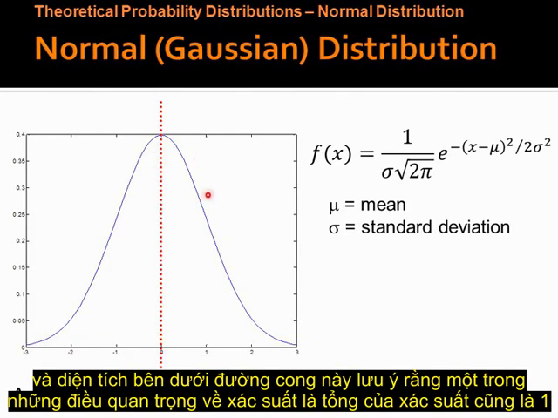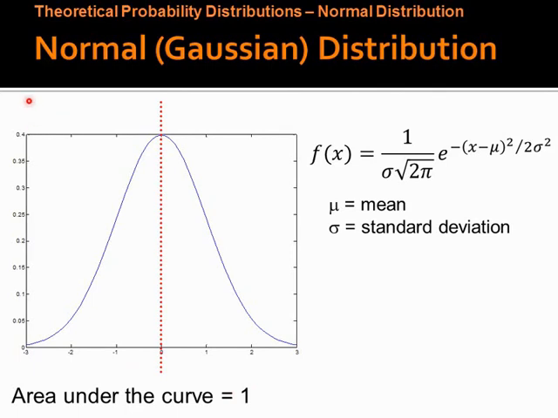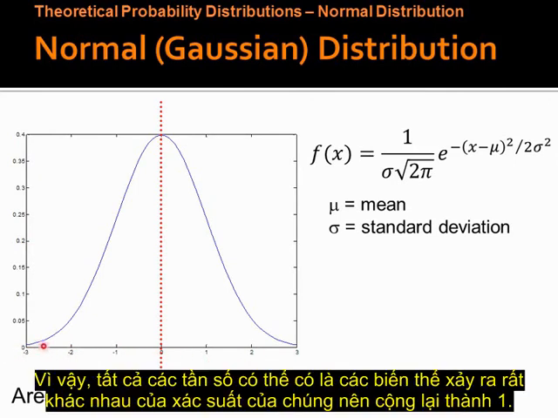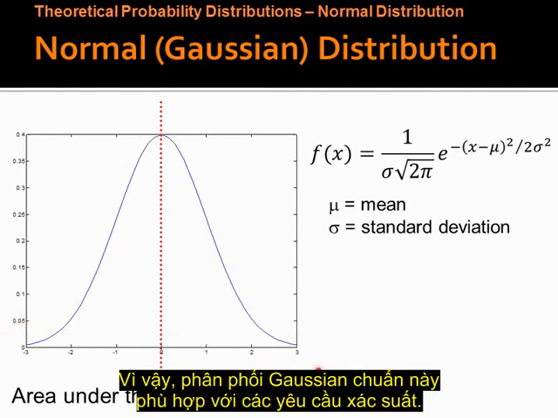One of the key things about probability is that the total sum of probabilities equals 1. The y-axis is probabilities, the x-axis is the values of occurrence. So for all of the possible values of occurrence, their probabilities should add up to 1. So this normal Gaussian distribution fits the probability requirements.